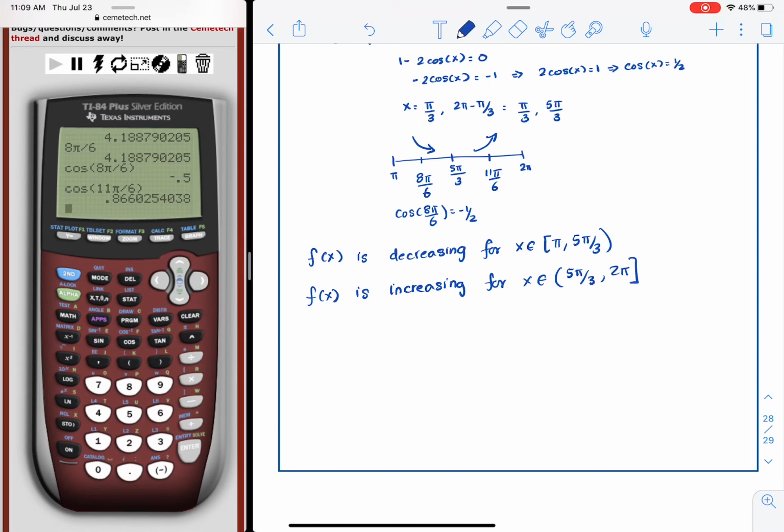Now we've got to find the values of the function at pi, 5 pi over 3 and 2 pi. At pi, we have pi minus 2 times sine pi. Sine pi is 0, so we get pi. At 5 pi over 3, we have 5 pi over 3 minus 2 times sine 5 pi over 3. I believe that is minus square root of 3 over 2.